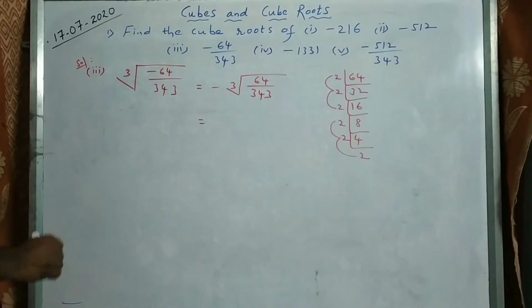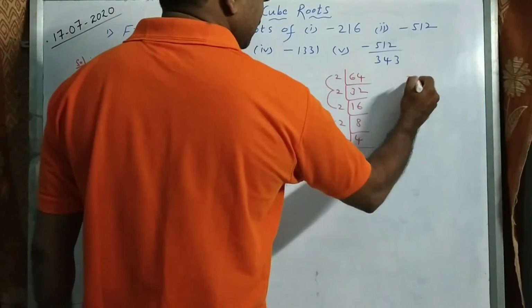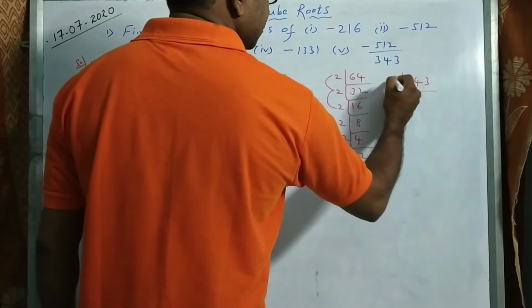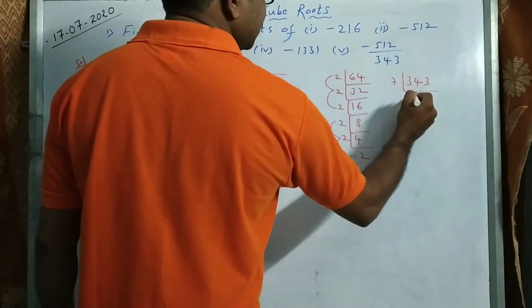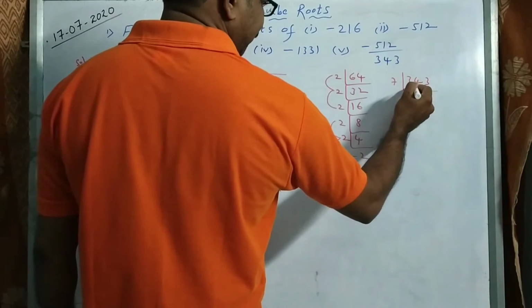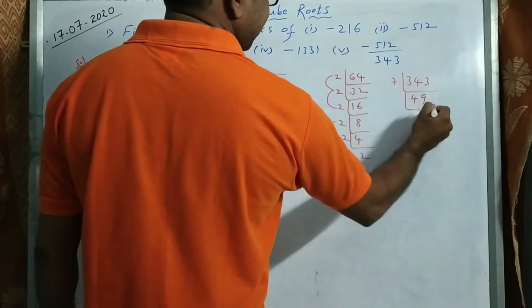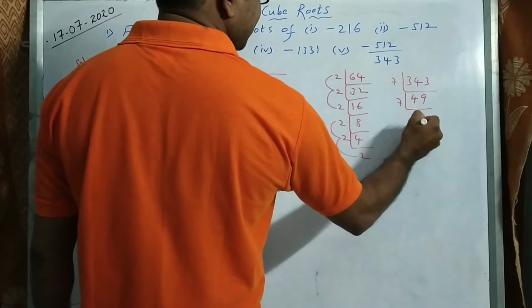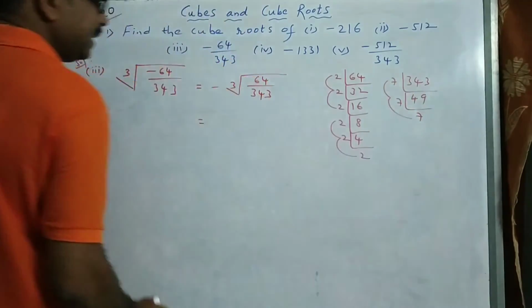I want a triplet every time, remember that. Now 343: 7 fours are 28, 7 sevens are 49, 7 sevens are 343. So this is already directly a triplet.